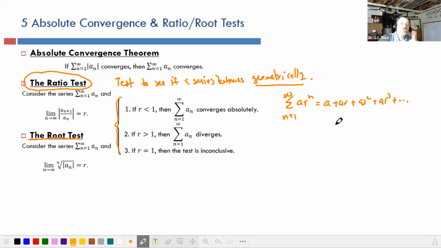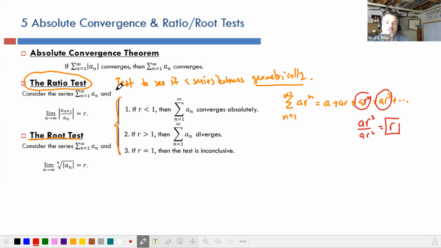And what a geometric series really is, in essence, is if you take the next term and divide it by the term before that, like ar cubed divided by ar squared, notice what always happens: you always get back a constant. So if you take the ratio of the terms and you get back a constant, then it has, in some sense, the essence of a geometric series.